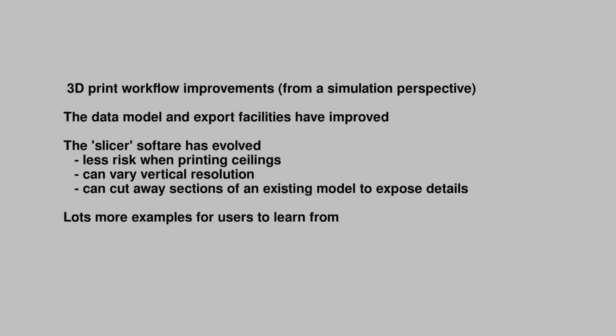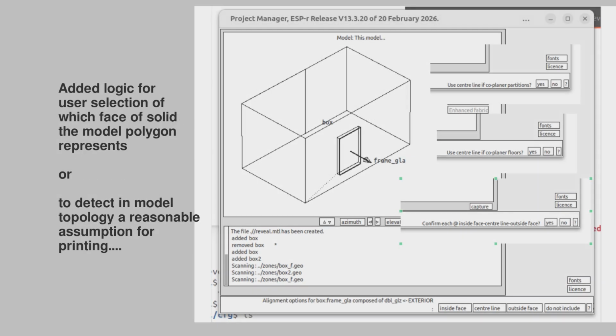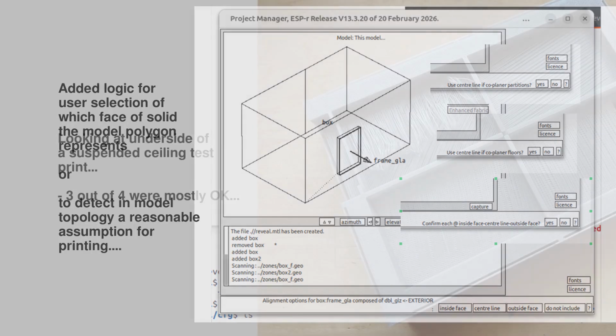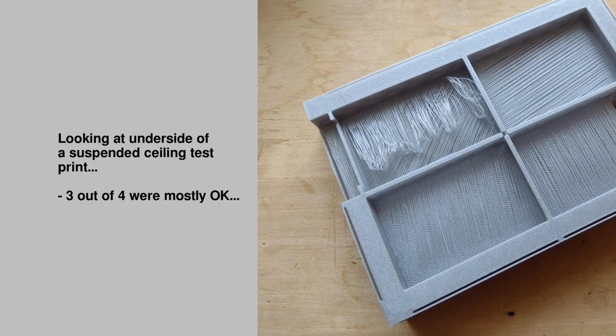There have also been workflow improvements. A simulation tool's logic and the data model for 3D entities certainly has evolved in the intervening years. And slicers have evolved in several very useful ways.